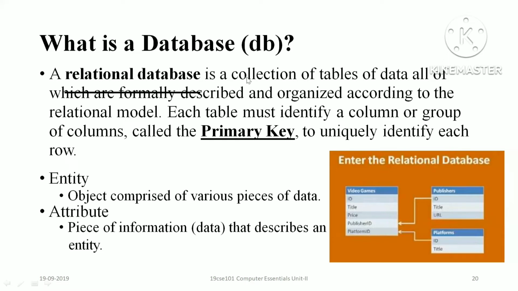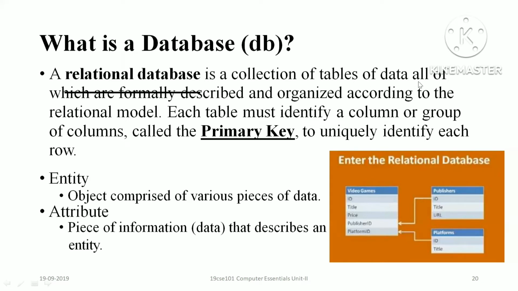A relational database contains multiple tables which are related to each other in a specific manner. Then that database is known as relational database. Now let's talk here. A relational database is a collection of tables of data, all of which are formally described. What I have told, that is only here. In simple way, I have told that.